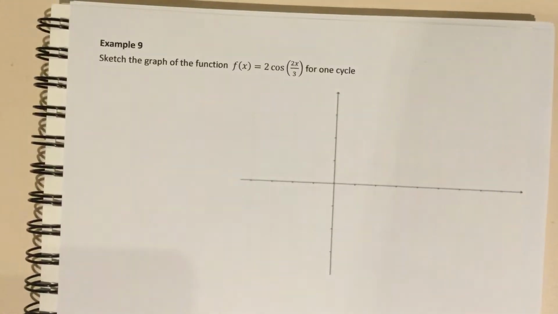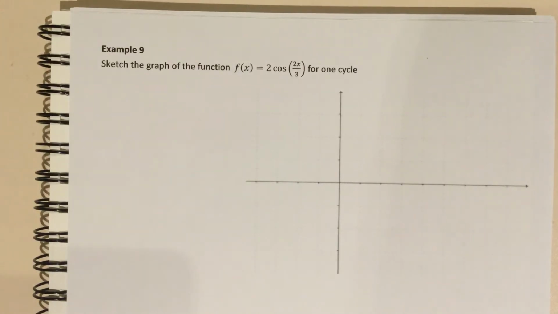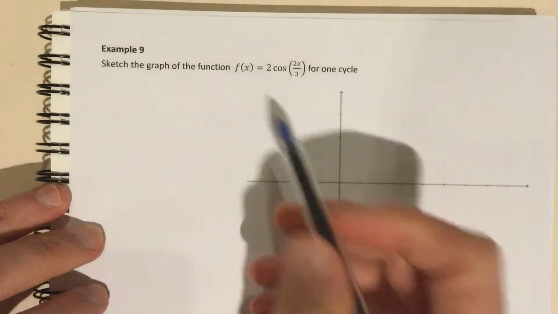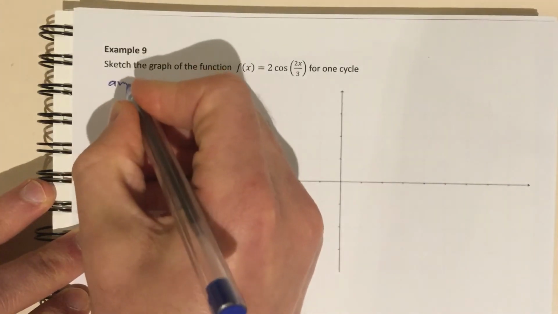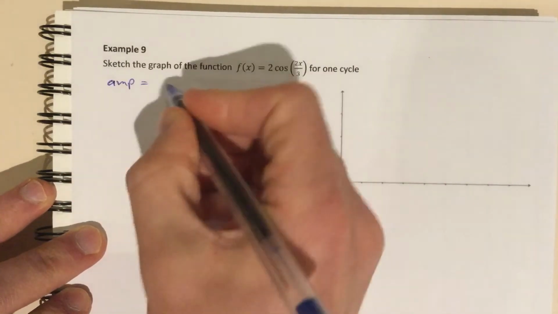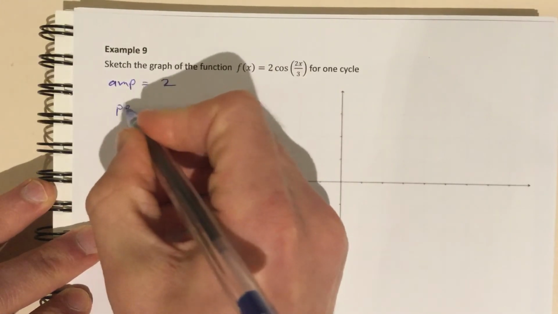The next example, similar idea, but we're sketching a cosine graph this time. Again, you don't explicitly have to do it, but it's a good idea to write down, or at the very least make a mental note of, the amplitude and the period before you start sketching.